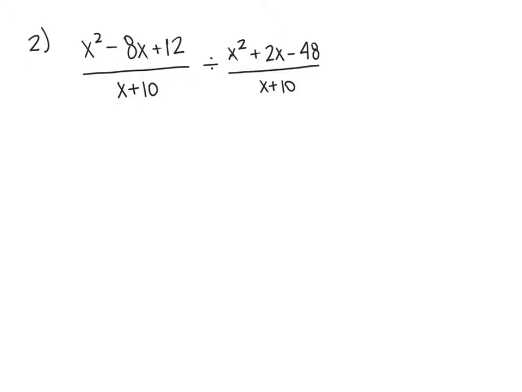So the first thing that I notice in this second example is here I have a division symbol. As soon as I see division, I have to do keep, change, flip. So I keep the first fraction exactly the same.